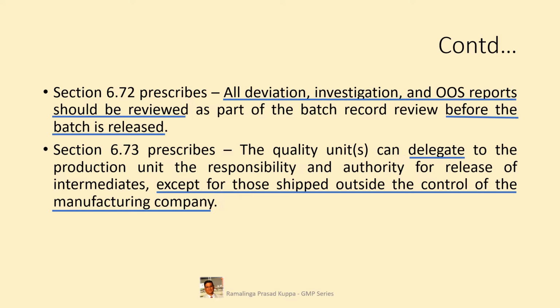See the section 6.73. As long as the intermediates are used for captive consumption, the review and approval could be done by a responsible person from the production units itself. The exception is that it should be used within the same company only and not to be marketed.